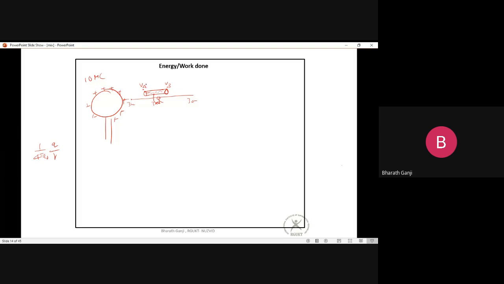But after that, he has shown another demonstration: instead of holding the bulb like this, he started to hold the bulb like this. He says this is the radial direction, but instead, if I hold it tangentially, what does that mean? Around this 10 microcoulomb charge, the equipotentials are like this.